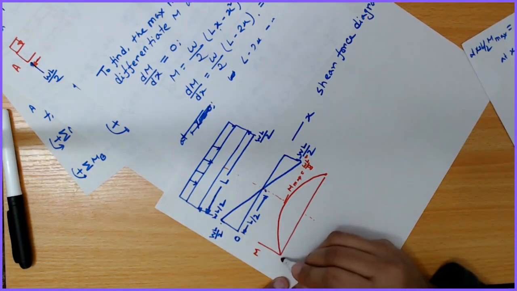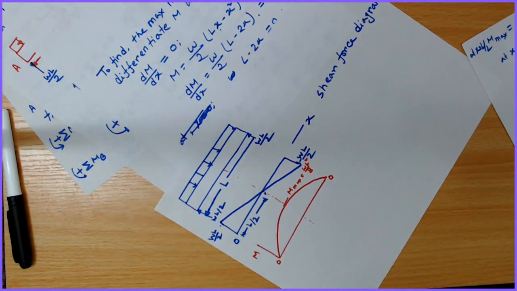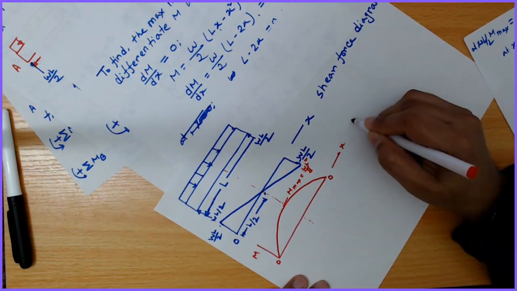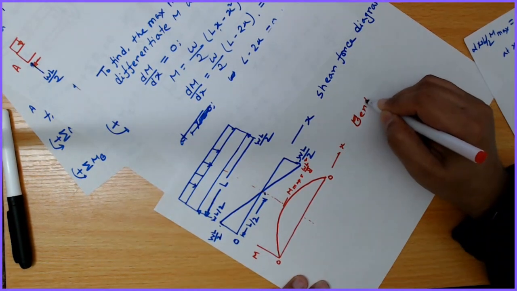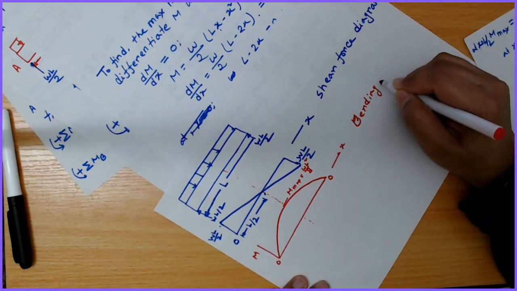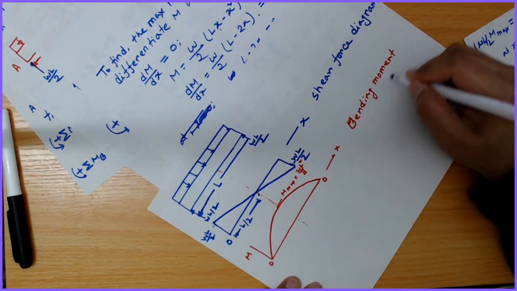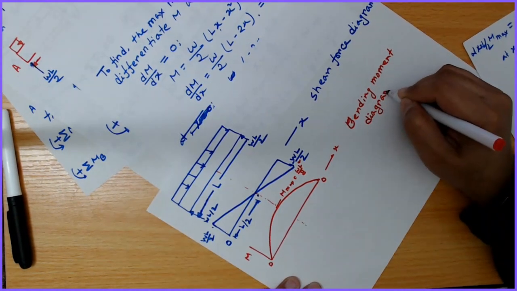Okay, this is 0, this is 0. So this is my bending moment diagram.